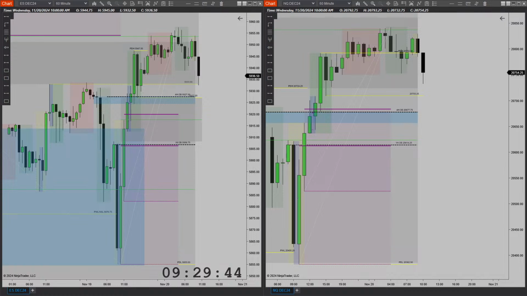So YM already took out Asia and London, but it did not take out that low that I'm talking about, which is this low right here. This is the 1500 low. Yep, about 1500. So they're all in sync right now. So I want to see what happens during that time.